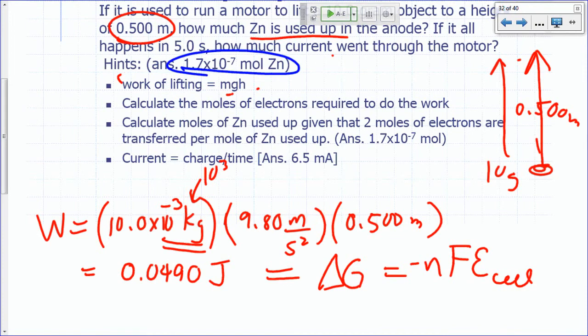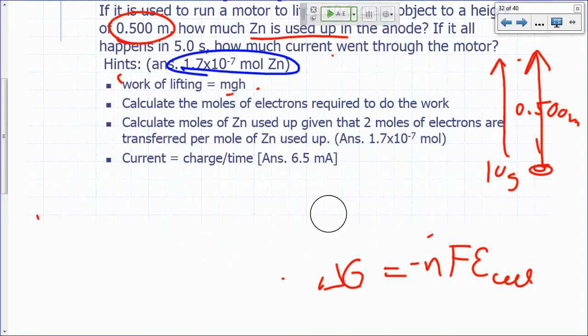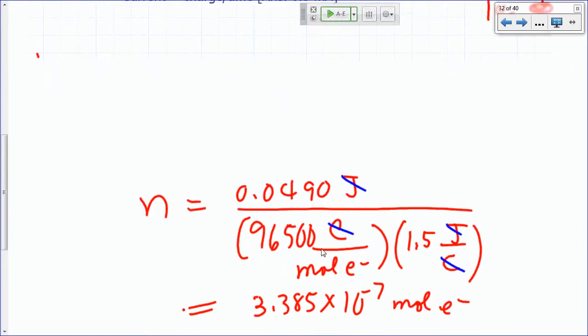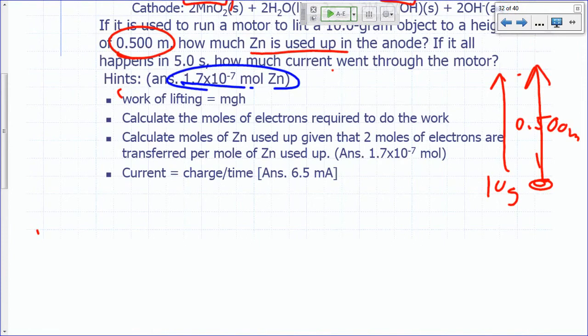Right? So if all of that happened within 5 seconds, how much current is passed through the wire? What's the definition of current? Current is charge per unit time. Okay, so total charge that's transferred per unit time. So what's the total charge? Our current is nF, the total charge per unit time, right?